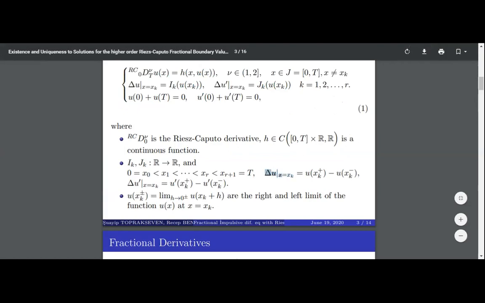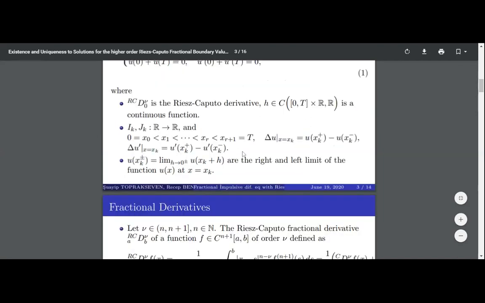So we define the jumps of u at the point xk by this, and also we define the jump of the derivative of u at the point xk, and we denote this by delta u prime.